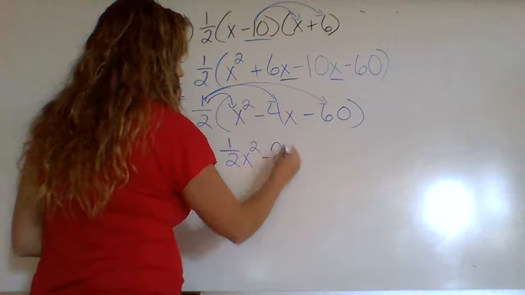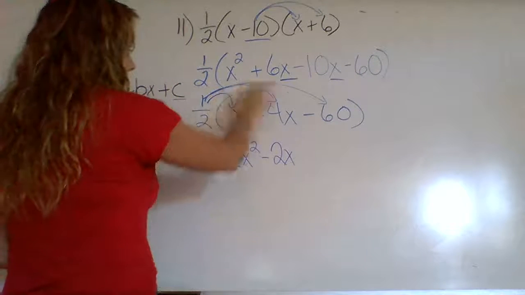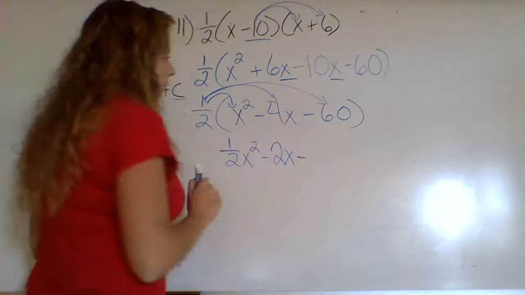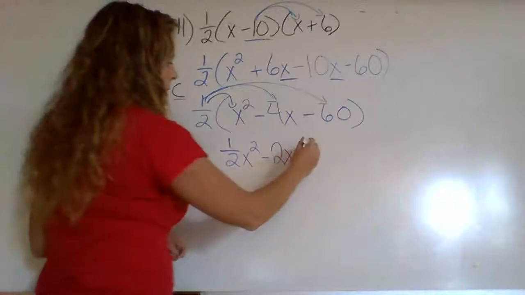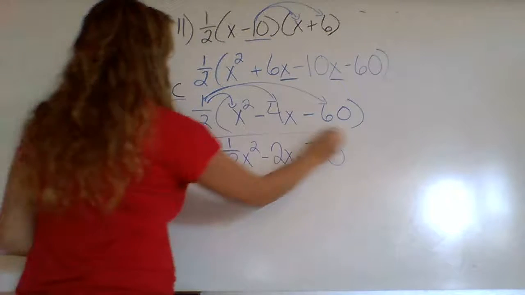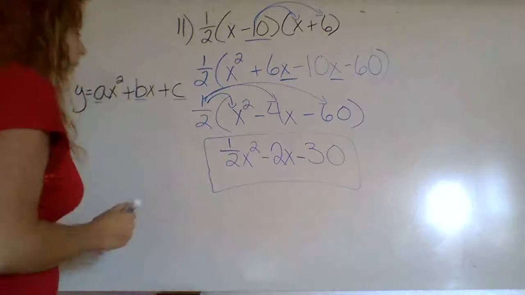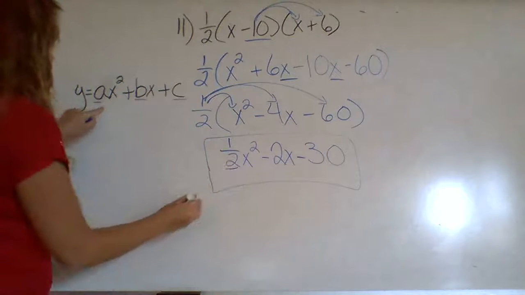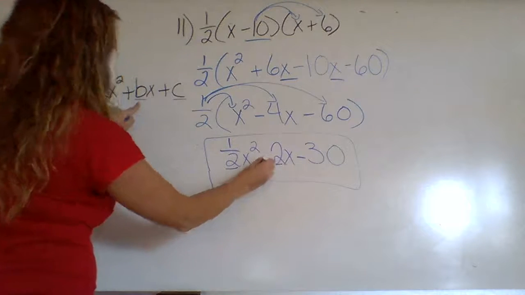Negative 2. 1/2 times negative 60 is half of negative 60, which is negative 30. So that would be your answer in standard form. This is my A, this is my B, this is my C.